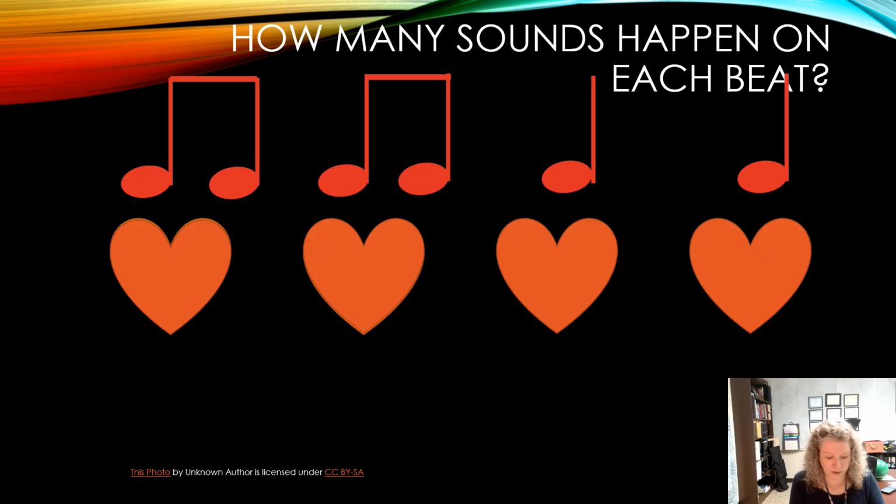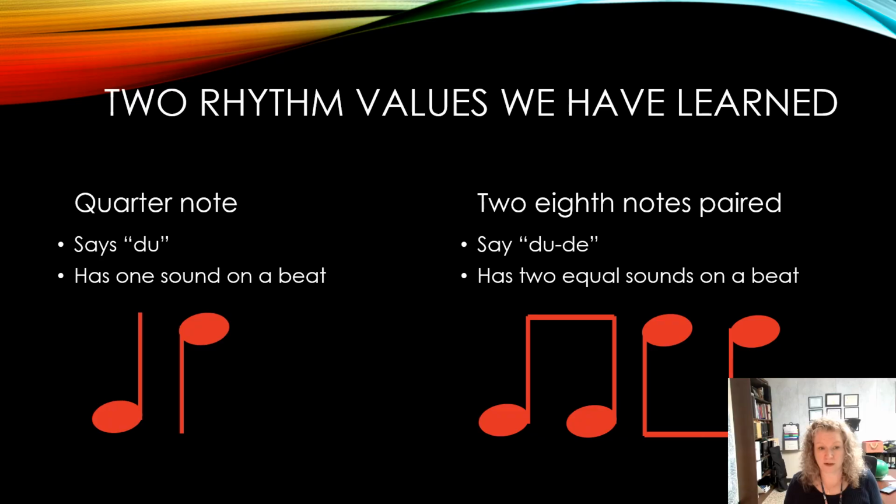So we have quarter notes and eighth notes. So let's look at the rhythm values that we have learned. We have learned quarter note. The quarter note says do and has one sound on a beat. I've got the quarter note here for you with the stem going up and the stem going down. They're both the same. They both get the same value.